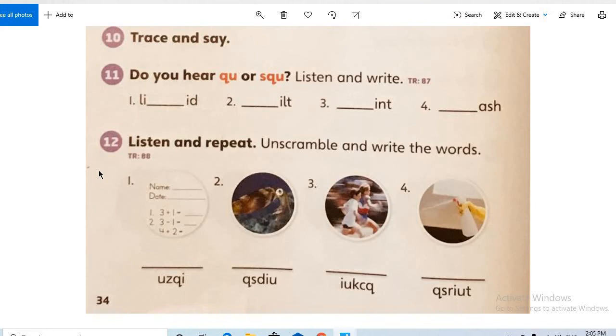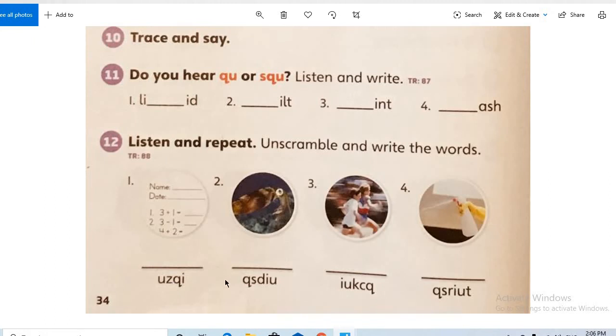Now it's time to review the answers. What do we have here? We have quiz, spelled QUIZ. We are having a quiz competition in our school tomorrow.